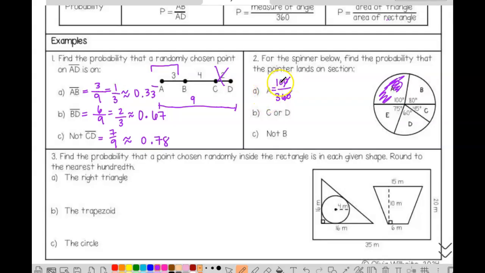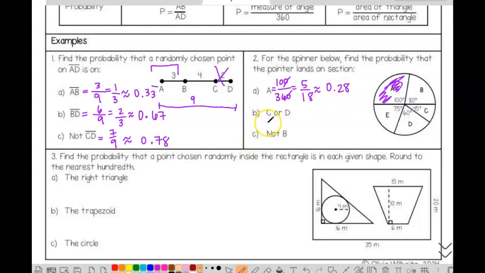So we can simplify 10 over 36. Those both divide by 2, so 5 over 18, which is 0.28. So the probability of landing on section A is 28%.